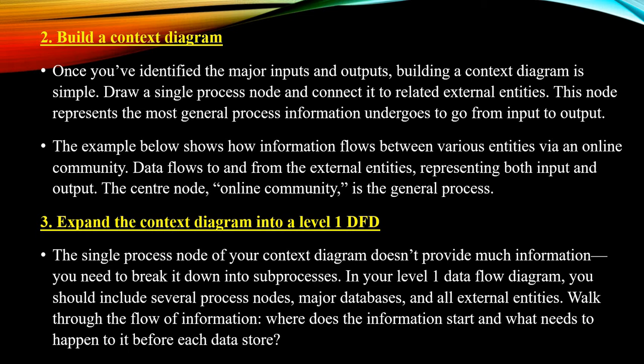The single process node of your context diagram does not provide much information, so you need to break it down into sub-processes. In your level 1 data flow diagram, you should include several process nodes, major databases, and all external entities. Work through the flow of the diagram. Where does the information start and what needs to happen before each data store, from the start to the end.